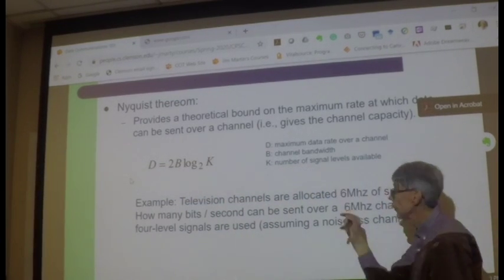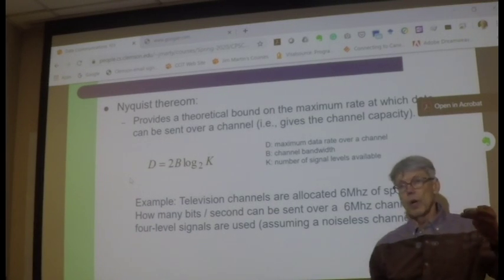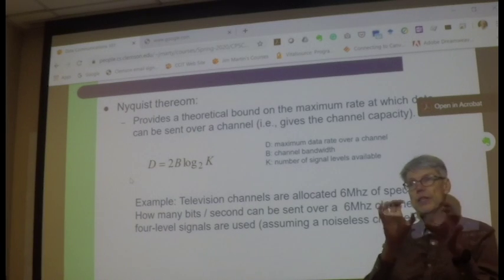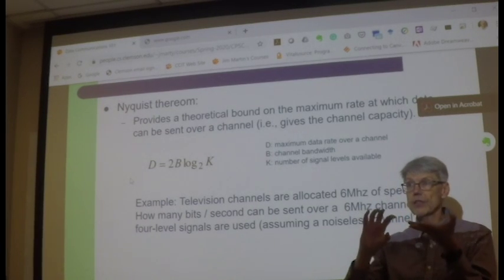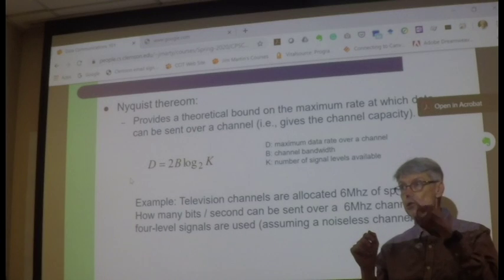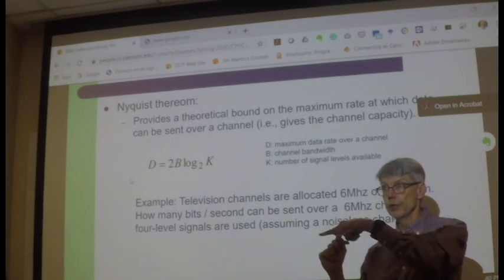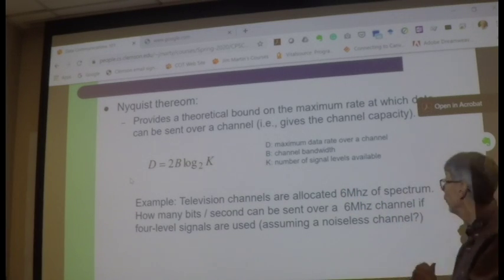K is basically the amount of data that is encoded in each energy transition.